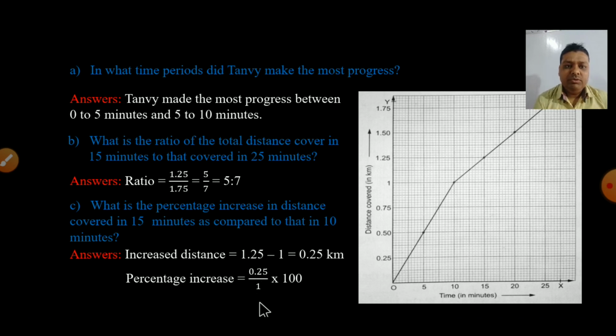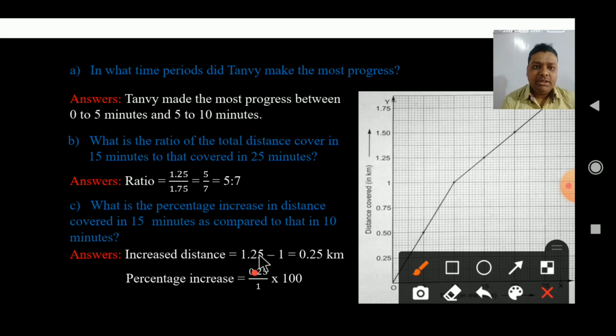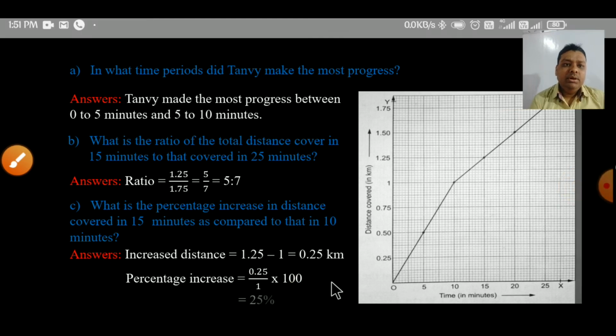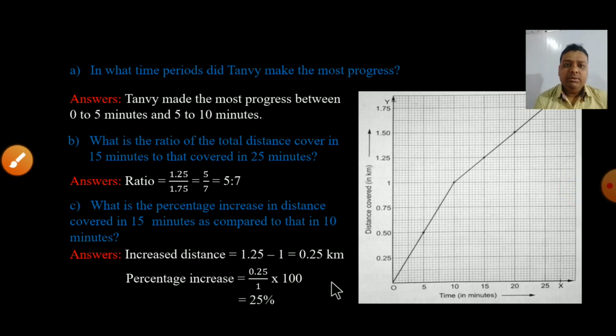So 0.25 by 1, multiplied by 100, the 100 and 100 cancel, and only 25% will be the percentage increase.